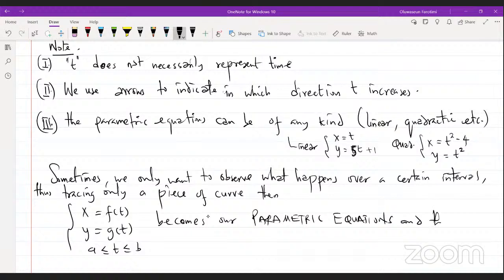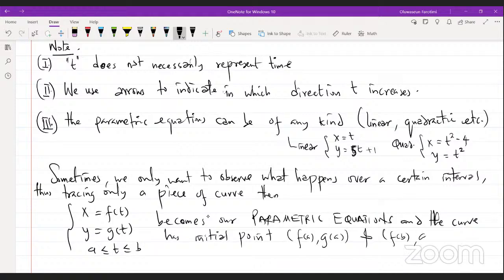And the curve has what we call the initial point, f of a comma g of a, and f of b comma g of b. This is just like curve sketching, guys.